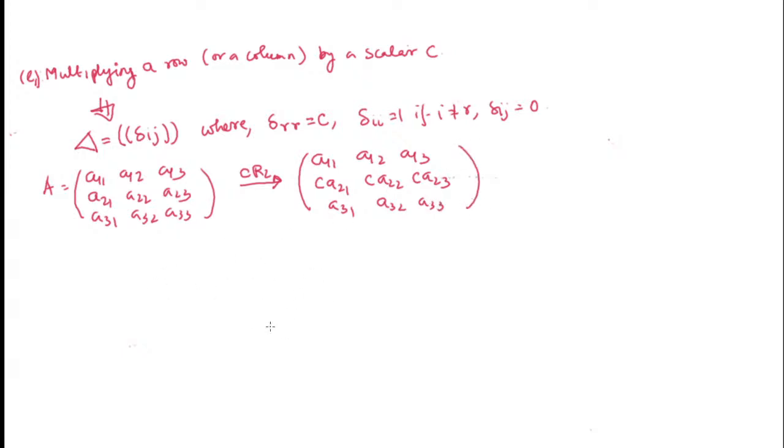My claim is for this operation, here r is 2, so delta should be as follows, and mind it, this C should be non-zero. Now you multiply delta A, then you get this matrix.